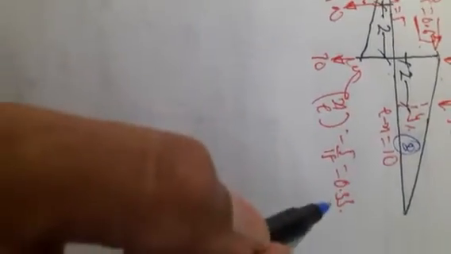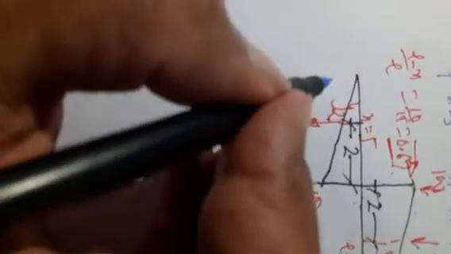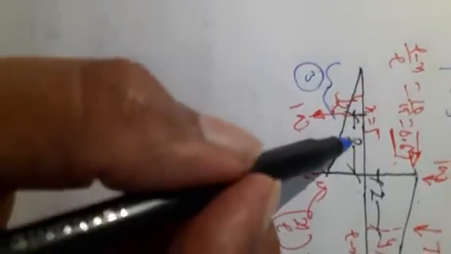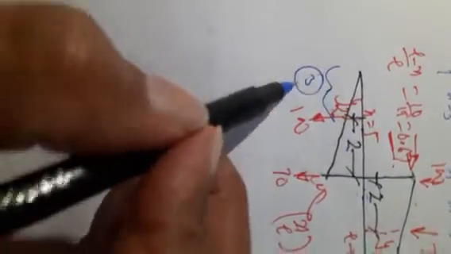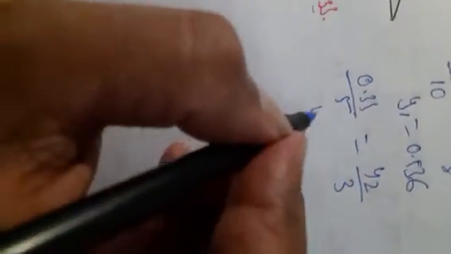Now consider this smaller triangle. 0.33 divided by 5 is equal to y2 divided by this distance, which is 3. Overall is 5, this is 2, this is 3. So 0.33 divided by 5 is equal to y2 divided by 3, or y2 is equal to 0.20.